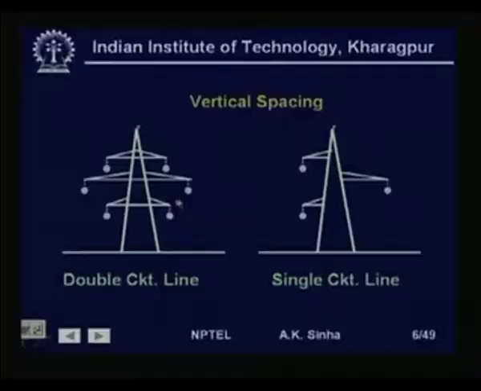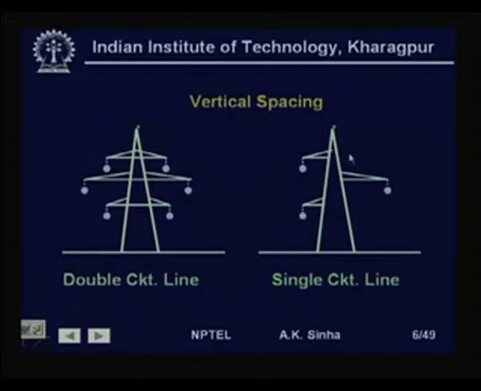Sometimes, when the load is not very high and the load may build up later, what we do is we use a tower construction which is very similar to a double circuit tower construction, but we use only 3 arms like this, and we place our conductors A, B and C like this.